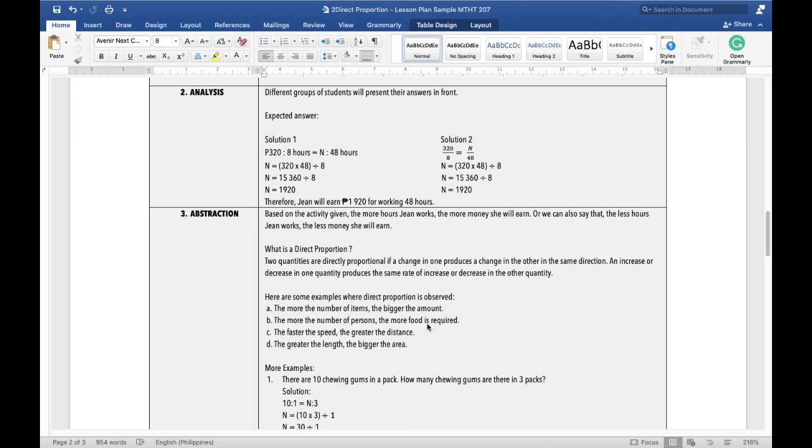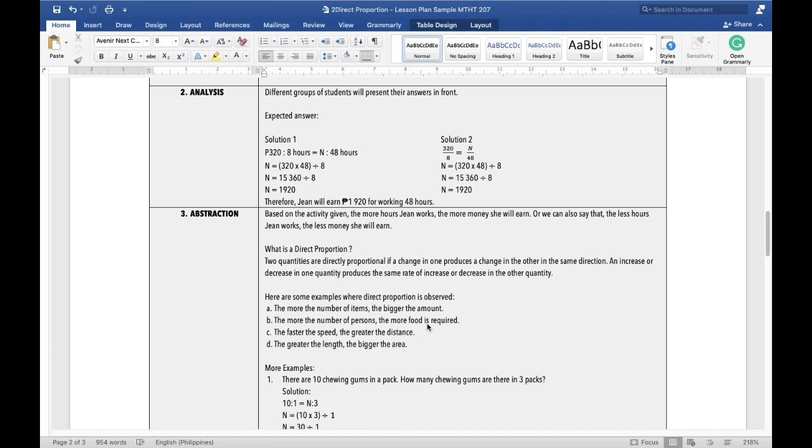We will be facilitators of their learning. We will not be the one to discuss everything, but if ever the students get it wrong, that's the time we can inject. We can tell them that this is how and this is the right way to do that. But of course, they want confirmation from you.